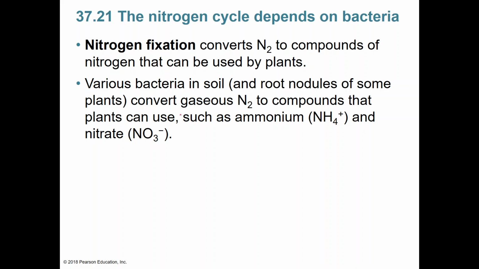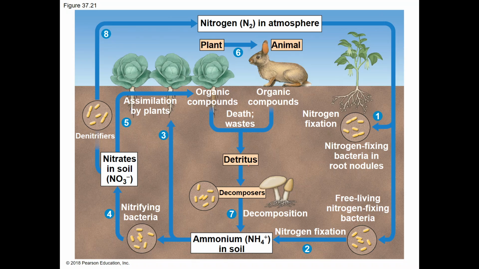These bacteria are really abundant in the soil. They sometimes live in the roots of some plants. And again, they can convert that nitrogen gas that's super abundant in the atmosphere into things like ammonium and nitrate, which are key components of organic organisms.